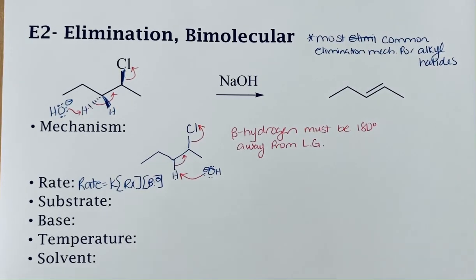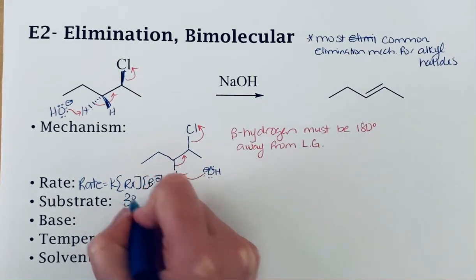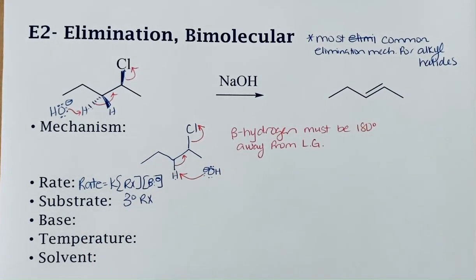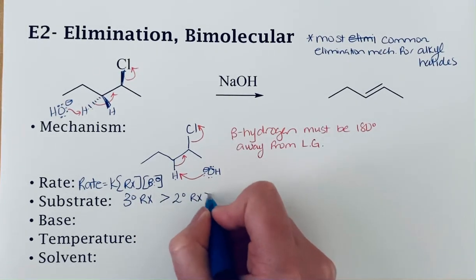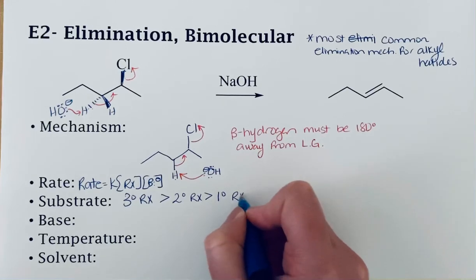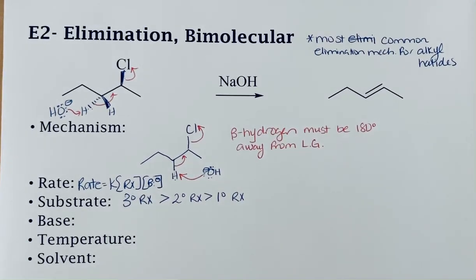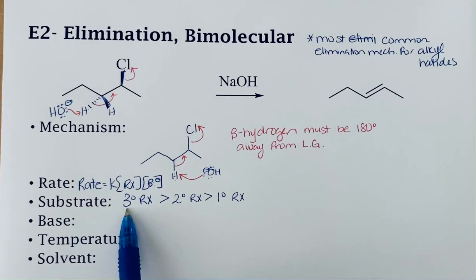And more stable alkenes are more substituted. So tertiary alkyl halides react the fastest, and then secondary, and then primary. And of course, we leave methyl off this list because you need more than one carbon atom to form an alkene.